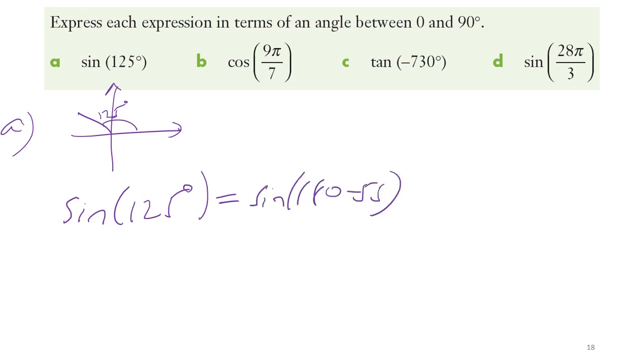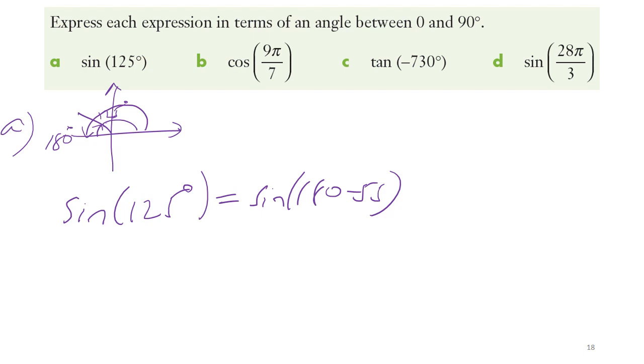If I go all the way, that's 180 degrees, and then I take away 55, I would end up at 125. So you can write that as sine 180 degrees take away 55.